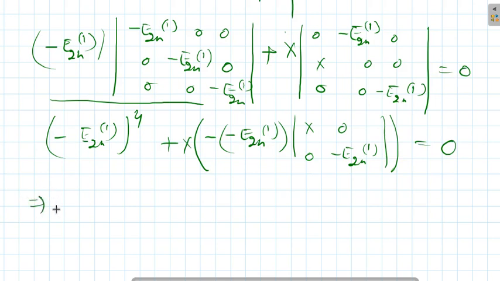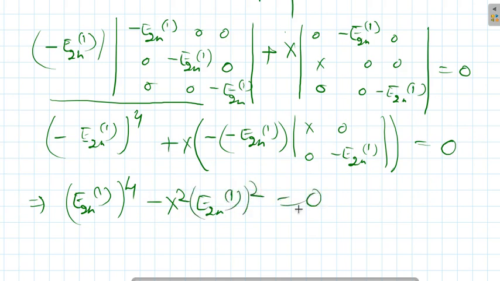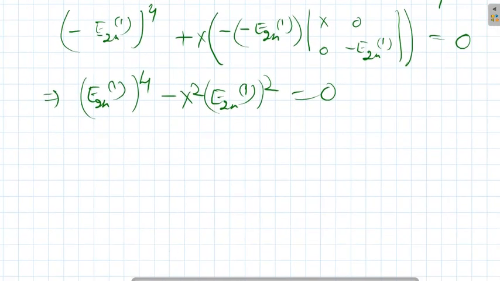Now it's equal to E2N1 raised to power 4, and if I simplify it, then it comes out to be minus x square E2N1 its whole square, and it is equal to 0. Now I can take E2N1 raised to power 2 outside.